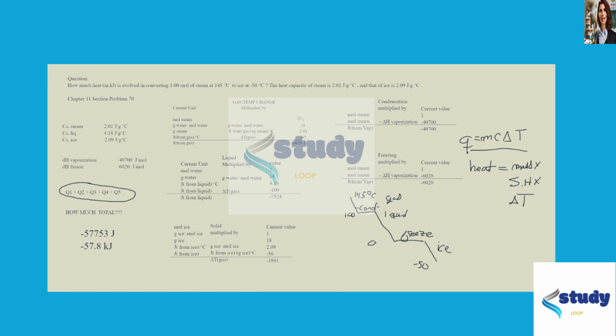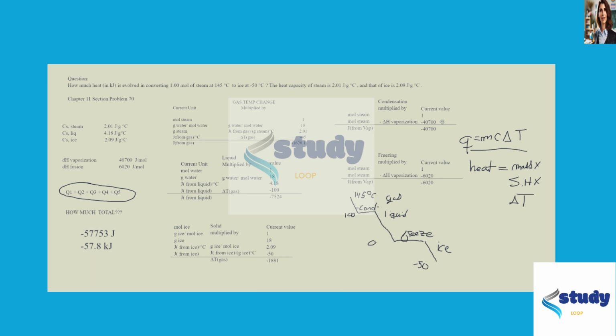Then once it's all 100 degrees Celsius, we have to go through the condensation equation. Again, we're dealing with 1 mole of steam, and the delta H of vaporization is 40,700 joules per mole. Again, this is in moles, not grams, so this number should make sense.